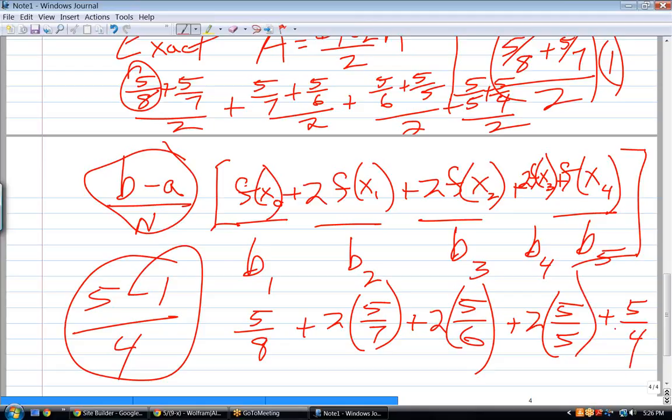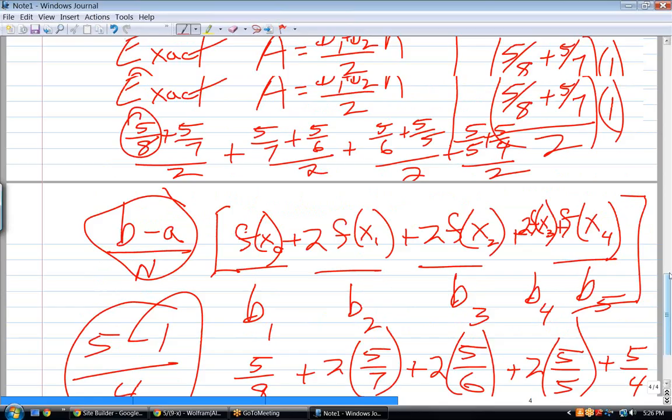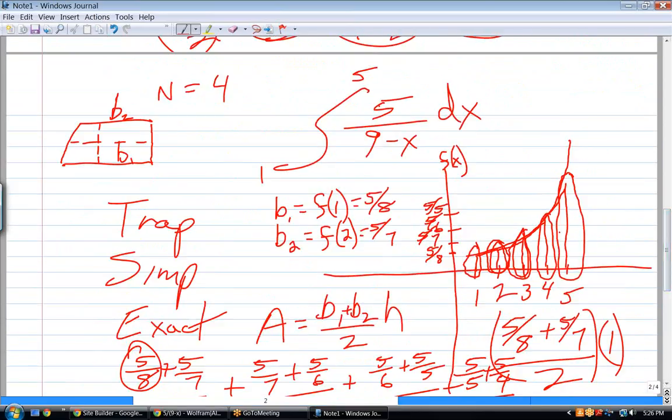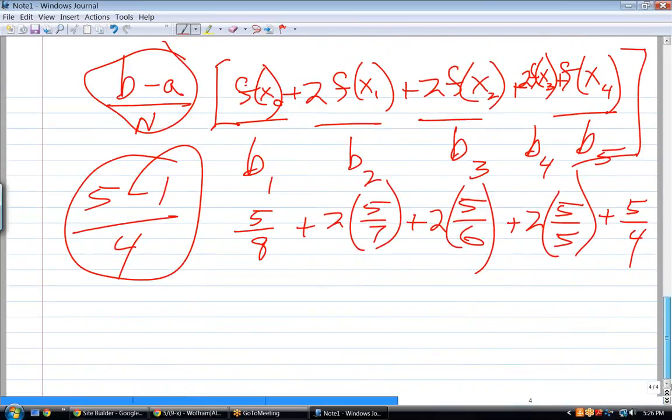That very last base of the far right trapezoid there, this amount that I have circled here on the right, that is f of 5, which is 5/4. This still isn't the easiest. I am going to have to add these ridiculous fractions that they gave me.